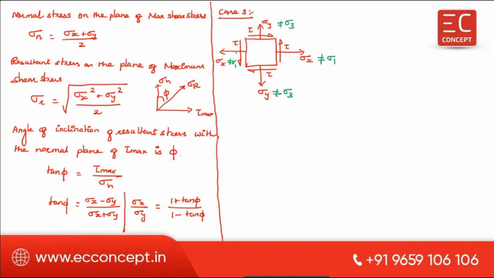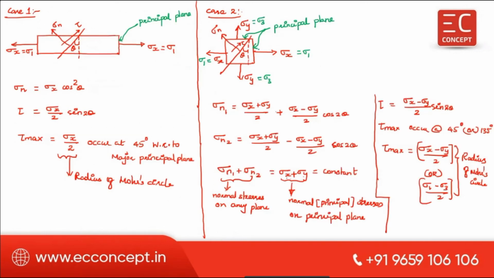Okay, from that we understood the first two cases: the principal stress sigma x and the corresponding plane is the principal plane in the last two cases, since there is no shear stress acting on this plane and this plane.